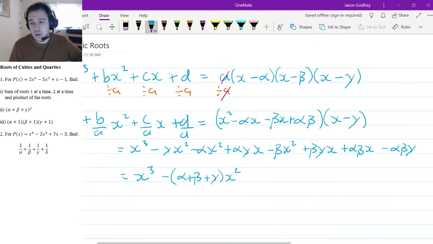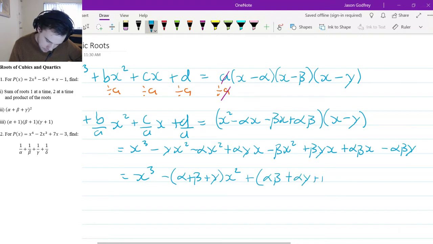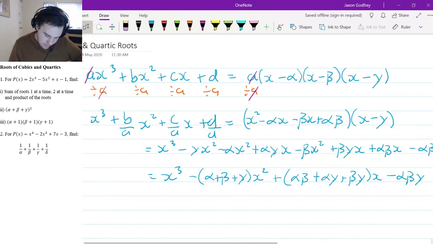Then for the coefficients of x, we've got these terms here, alpha gamma x, beta gamma x, alpha beta x. So I'm just going to start with this one, alpha beta plus alpha gamma plus beta gamma, lots of x, and then minus alpha beta gamma.